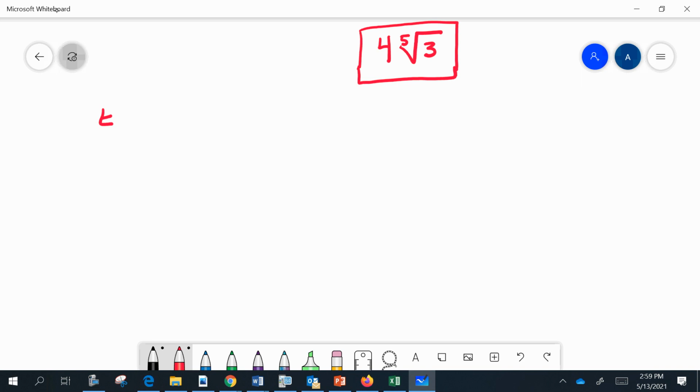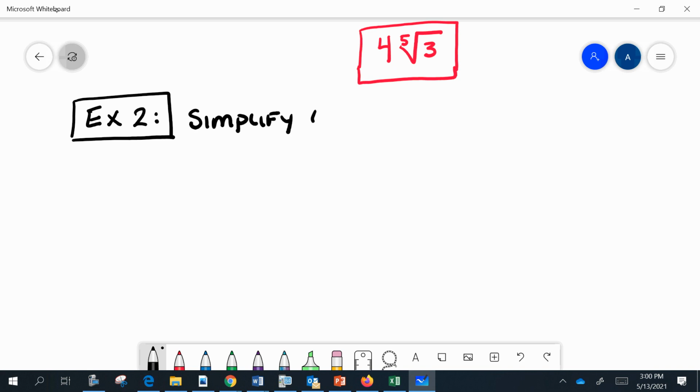Now, our second example is where we're going to take the same idea and simplify variables. We're going to simplify expressions. So example 2, this is kind of like part 2 of the notes, and we're going to simplify expressions.